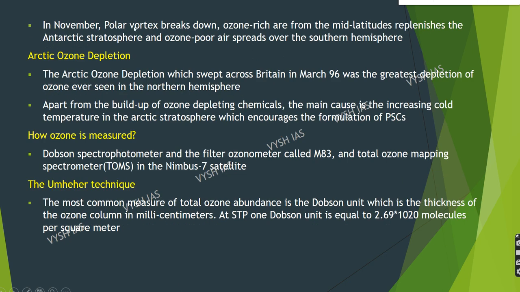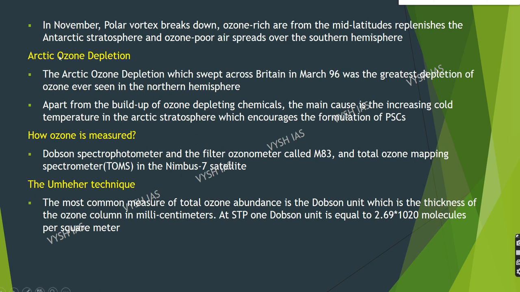In November, the polar vortex breaks down. Ozone-rich air from the mid-latitudes replenishes the Antarctic stratosphere, and ozone-poor air spreads over the southern hemisphere.